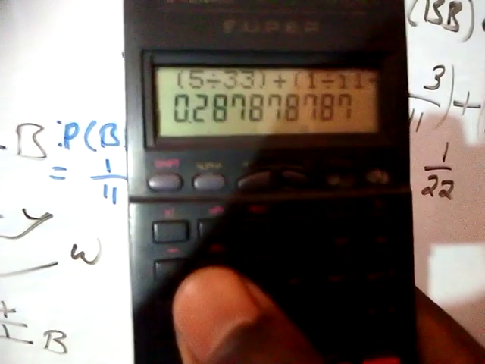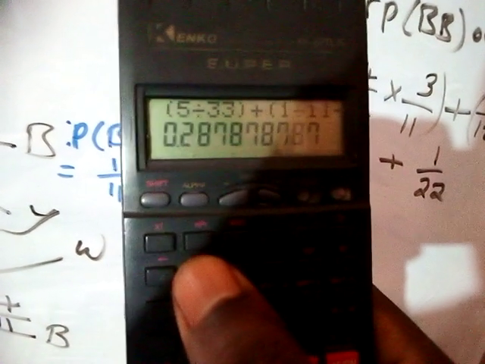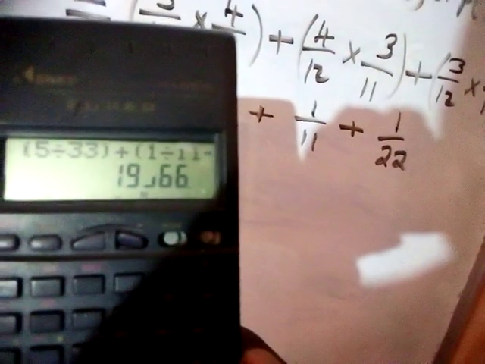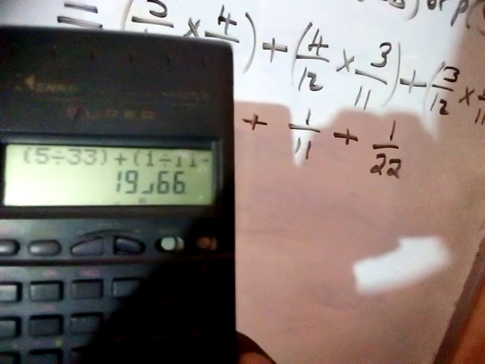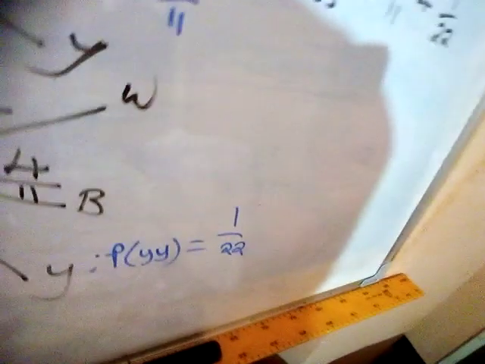This is the button that you press. Observe, when you press it, we're going to have the fraction simplified in its lowest terms. So the probability therefore is 19/66.